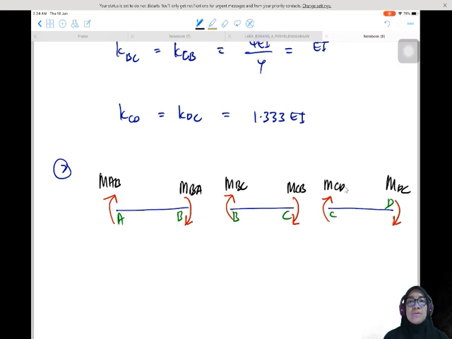Since there are 3 members, and one member consists of 2 end moments, 3 members consist of 6 member end moments. So the distribution factor is also based on the number of member end moments, which is equal to 6.